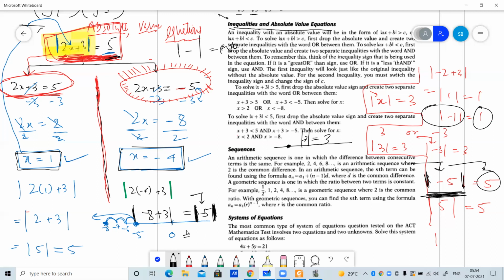So it would be 4, right? Did I get it right? Can you see the number? What is the number here? It's 5. So why would you get 4? Because you have to just drop the negative sign. That's it. Absolute value of negative 5, you have to just drop this negative and keep 5 as it is, and that is the answer.